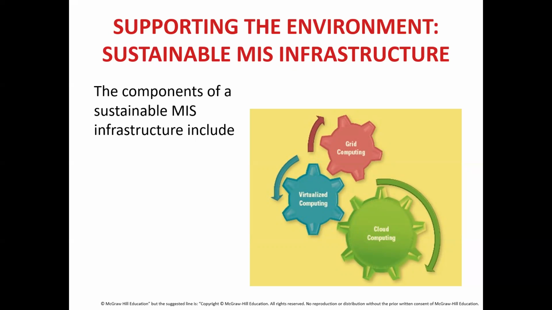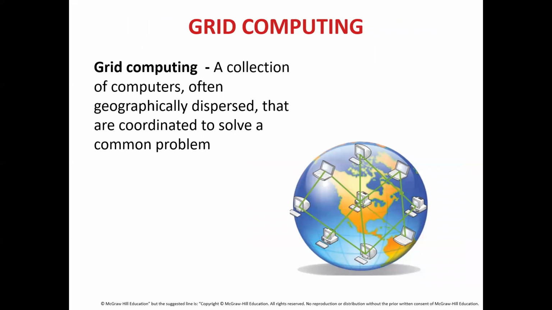So first of all, we'll have a look at grid computing. Grid computing basically is a collection of computers, often geographically dispersed, that are coordinated to solve a common problem. With grid computing, a problem is broken into pieces and distributed to many machines, allowing faster processing than could occur with a single system.